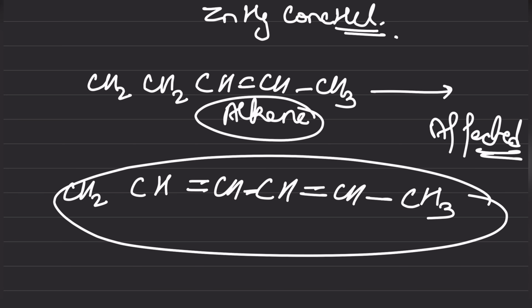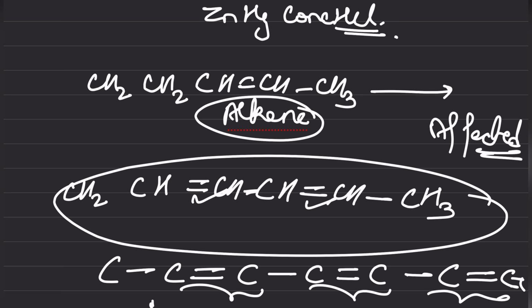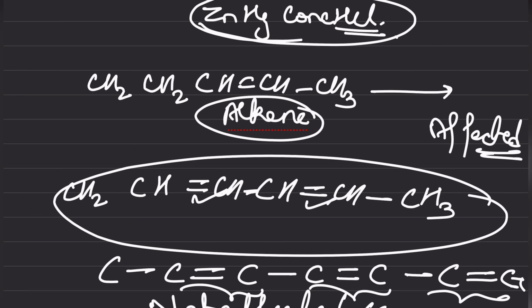In this, the alkene is in conjugation, C double bond C single bond C double bond C. If it is in conjugation, then it is not affected. This is an important point for Zn-Hg concentrated HCl.